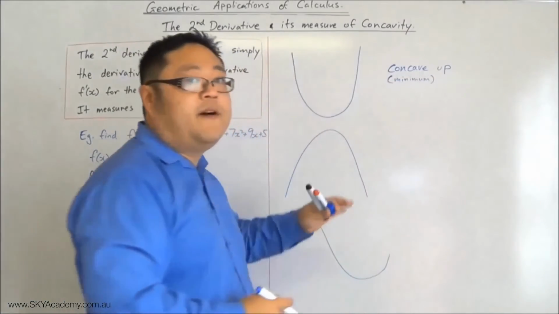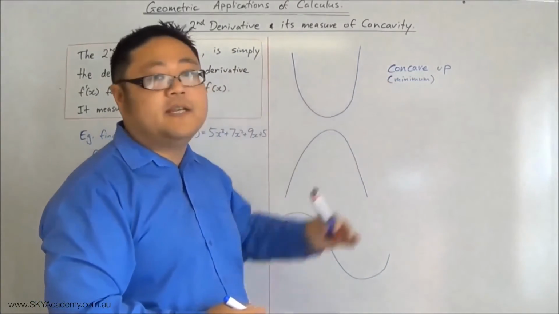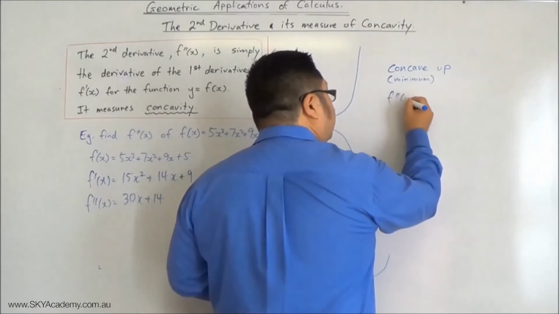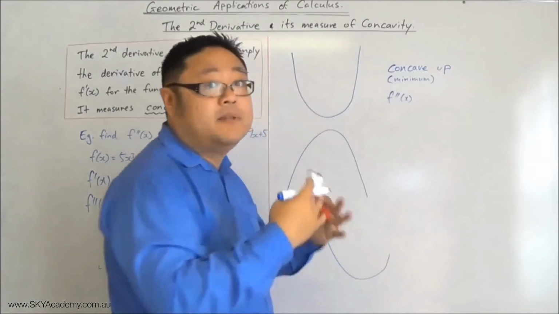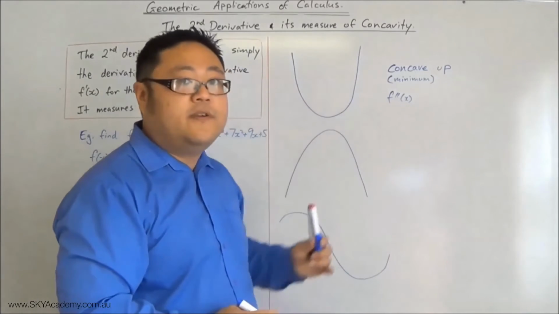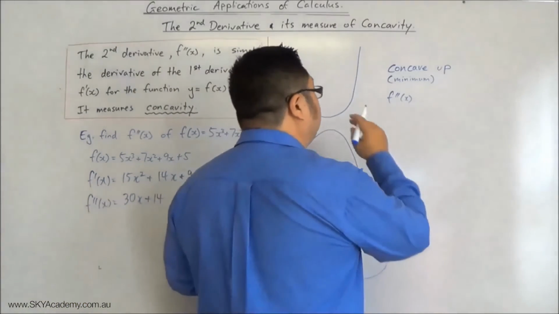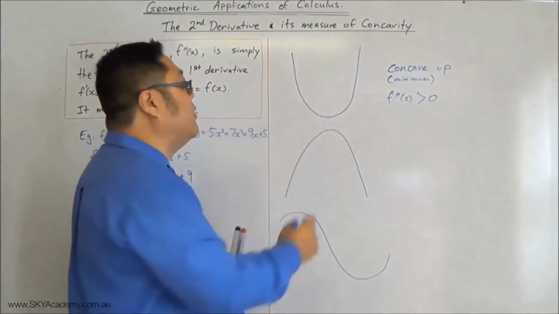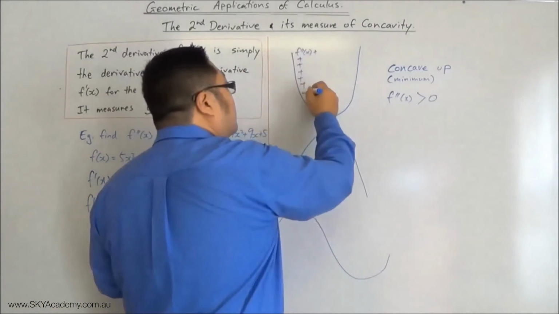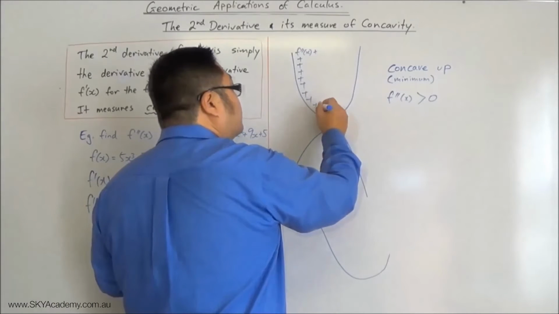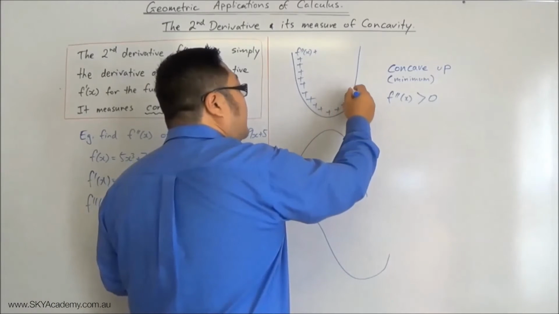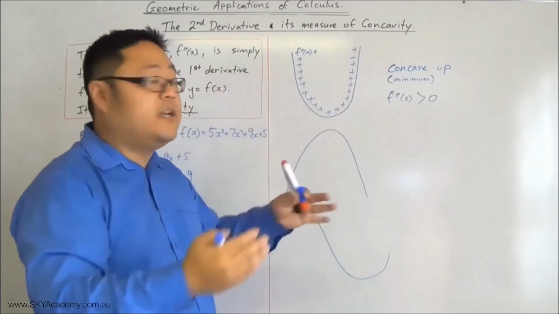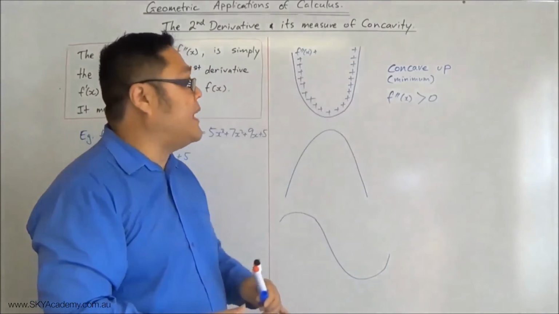When a function is concave up and gives us a minimum, f double dash of x, our second derivative, will be positive, greater than 0 all the way across this concave up curve.